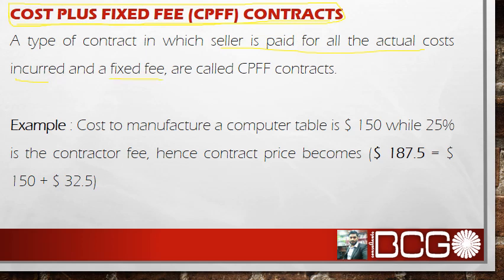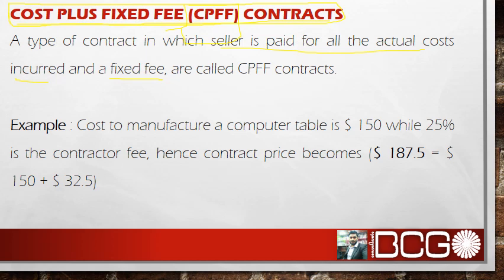You can see the same definition appears for the cost plus fixed fee contracts as well. So the cost plus fixed fee contracts are the purest form of cost reimbursable contracts.